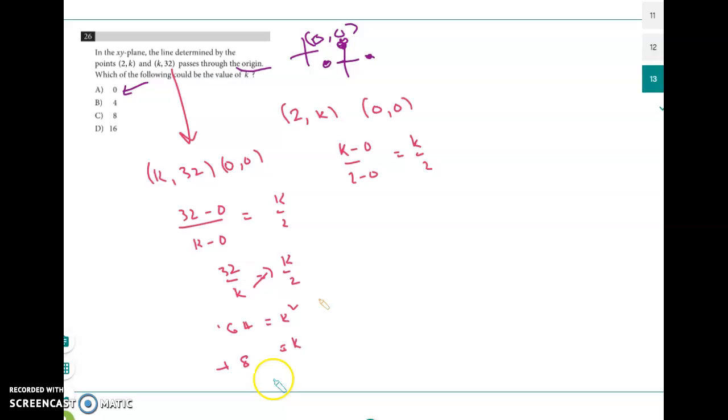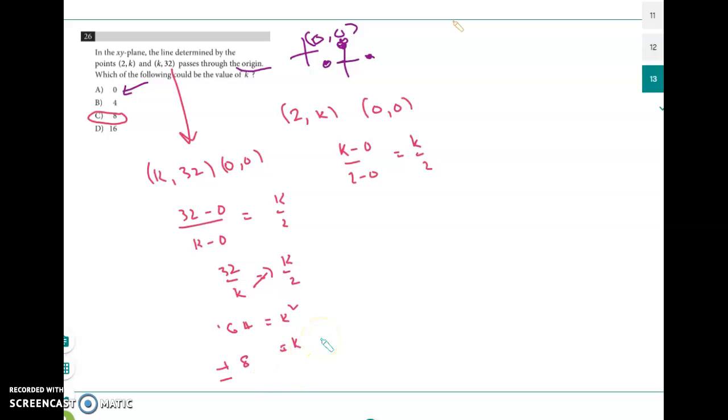Oh. Okay. So k is plus or minus 8, but again, whenever you have plus or minus, you have to check back which one works for you. Obviously the question doesn't allow negative 8, so you can just take the positive 8. So you have to be very careful with that.